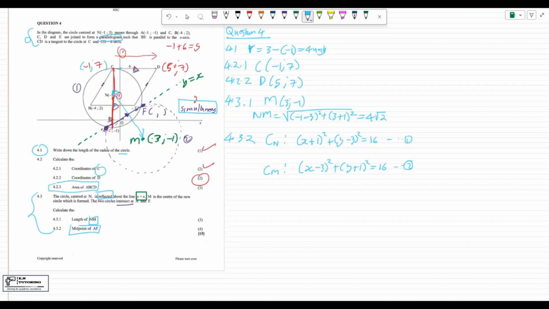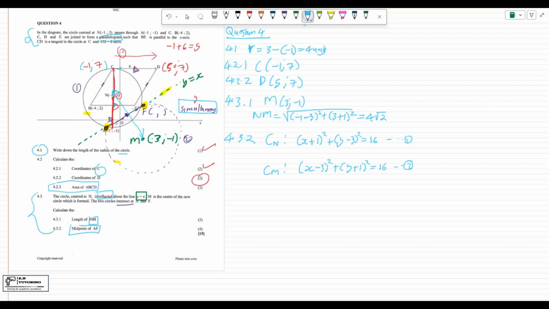Okay, I was looking at this. Actually, we can even have a third equation here. What do I mean by third equation? Look at point A and point F. What is happening at point A and point F? You've got circle 1, circle 2, and we also have a straight line, y is equal to x.